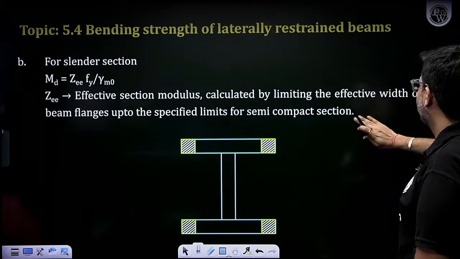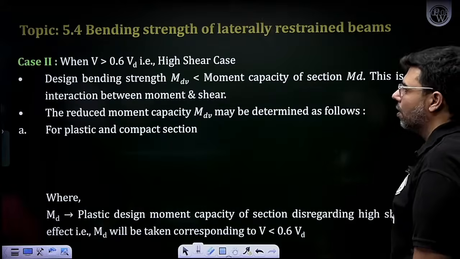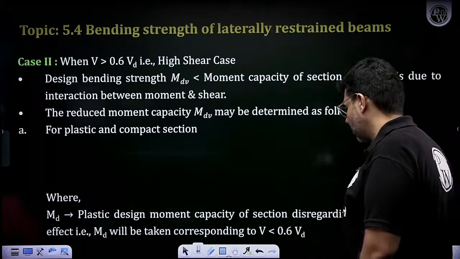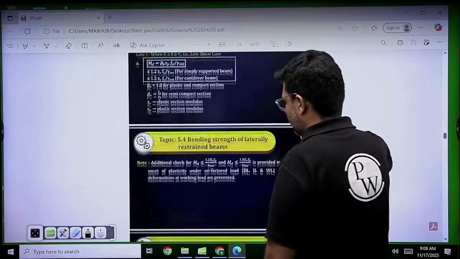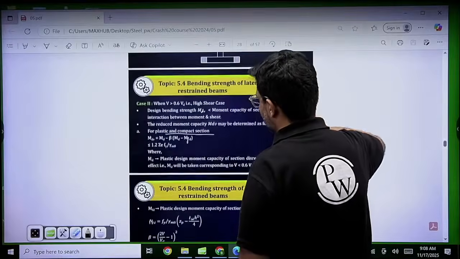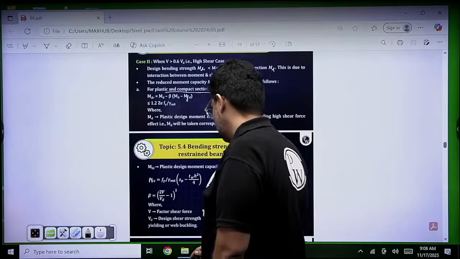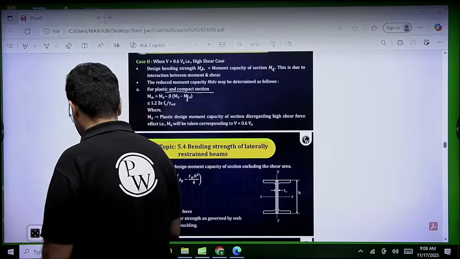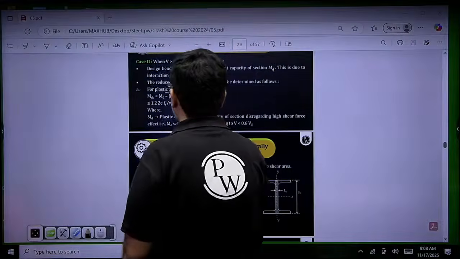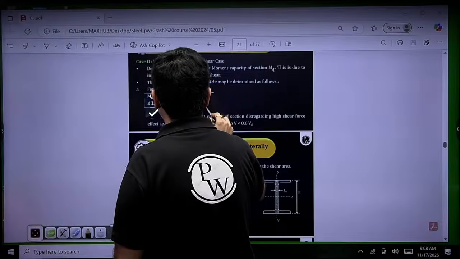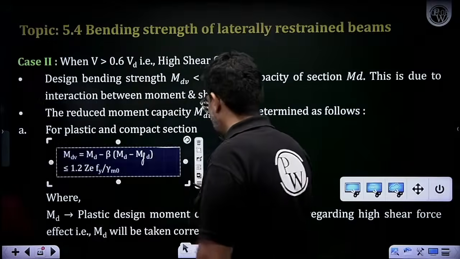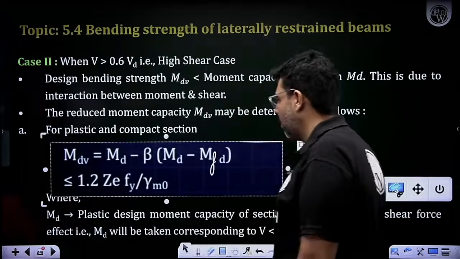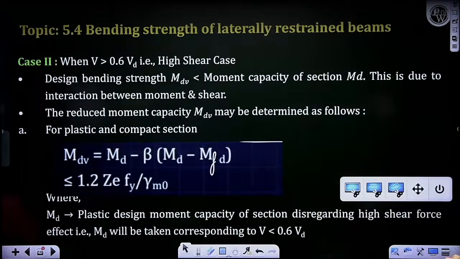Then we have the high shear case. For plastic and compact section, you can directly write like this: Mdv is equal to Md minus beta (Md minus Mfd).